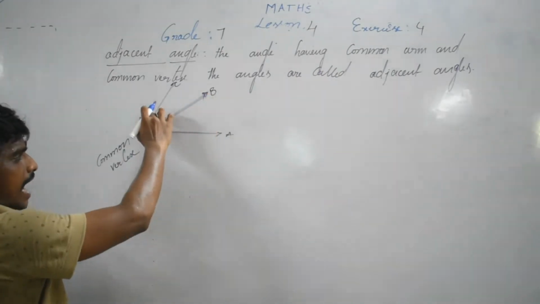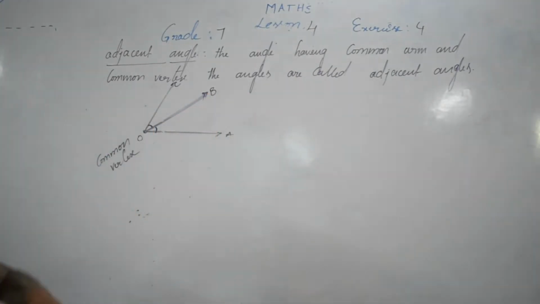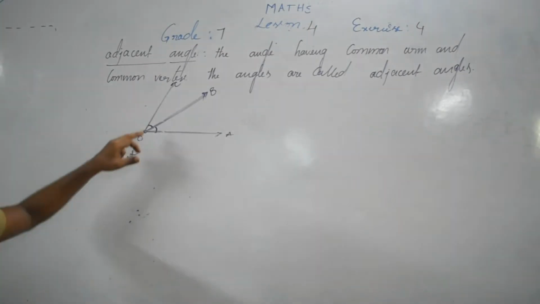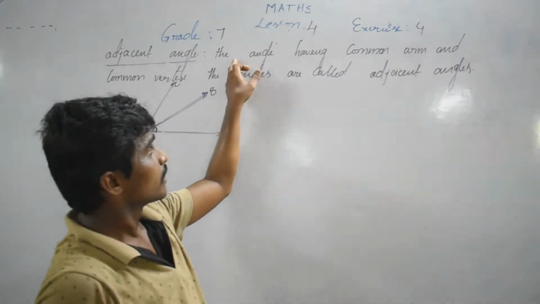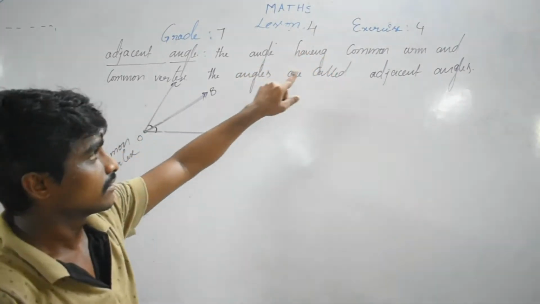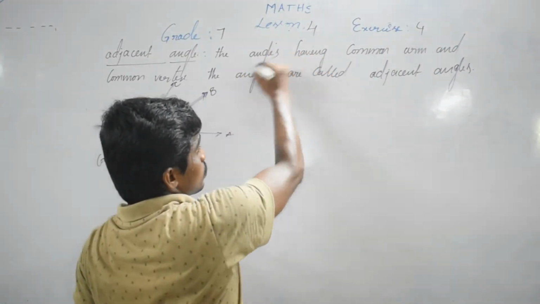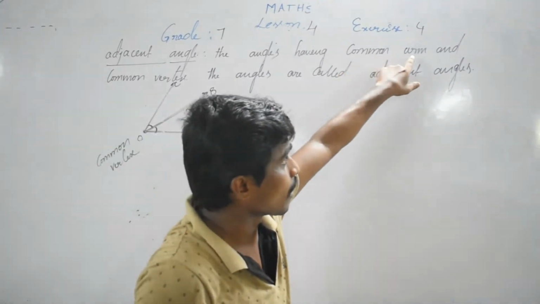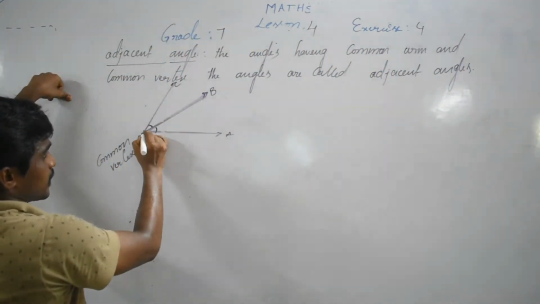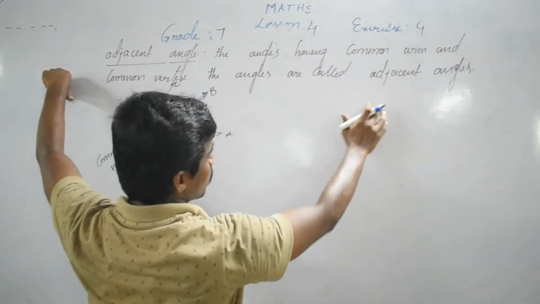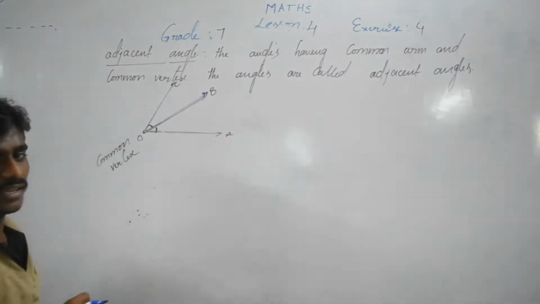So these angles we call adjacent angles. The angles having a common arm and common vertex are called adjacent angles.